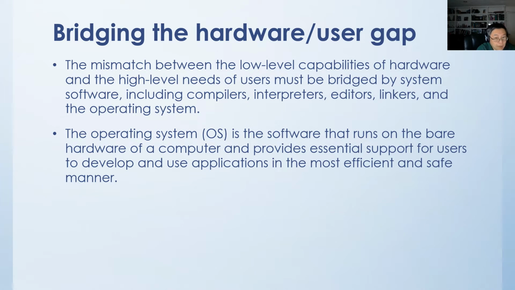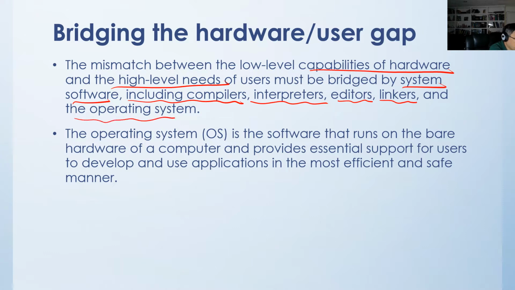So now that gap, that mismatch between the low level capabilities of hardware and the high level needs of the user, must be bridged by system software that includes the compilers, interpreters, editors, linkers, and the operating system.